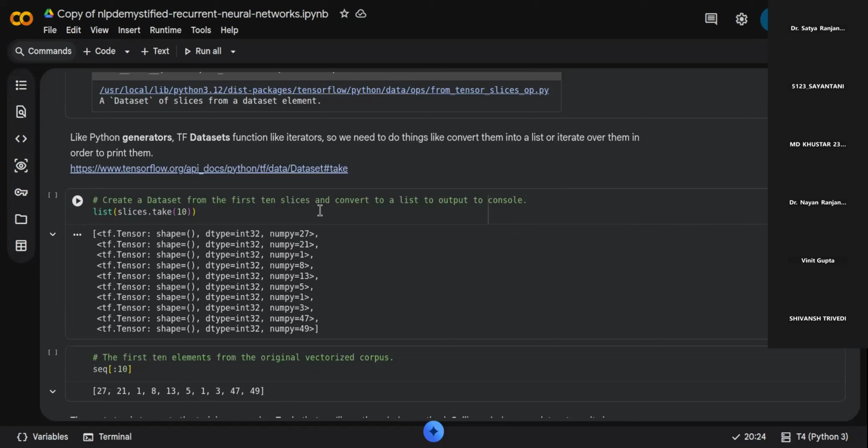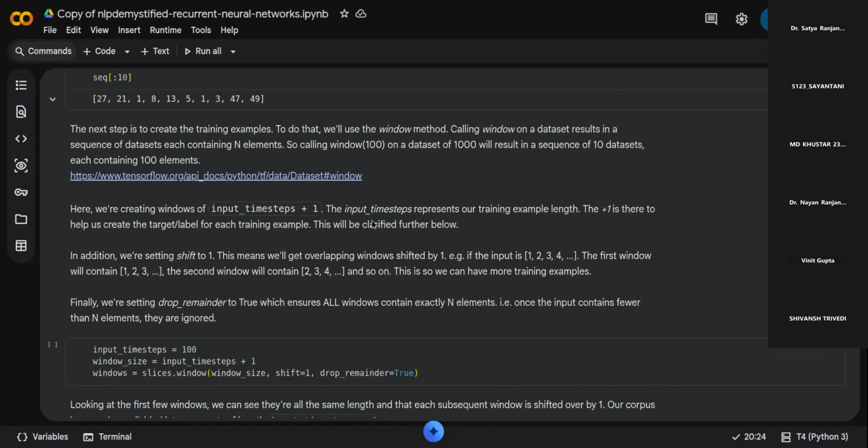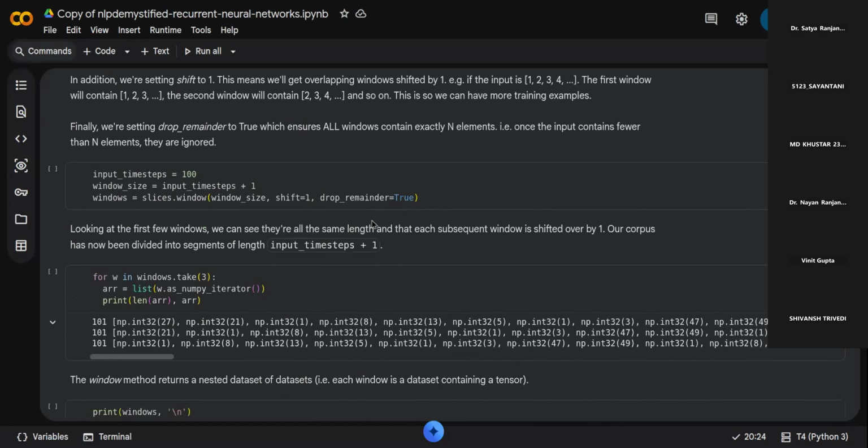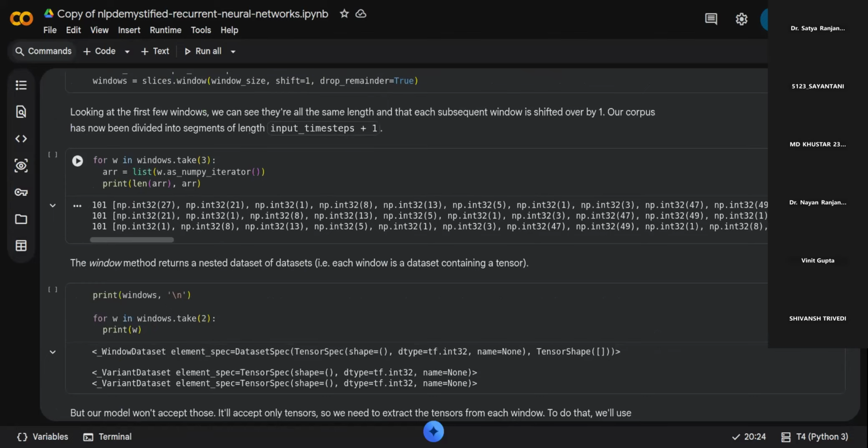It creates different slices. Let's say the total paragraph, whatever it is containing, is sliced into 101 words. Each slice will contain 101 words. Now when the first slice is created, the next slice will be created from the next one.